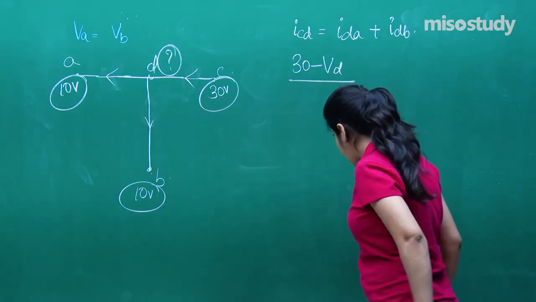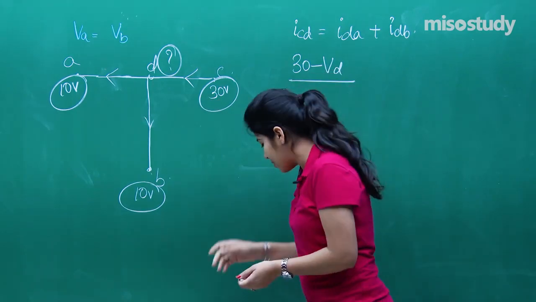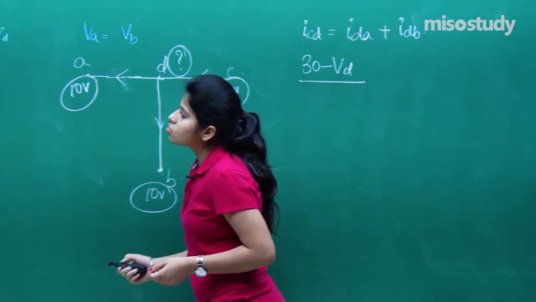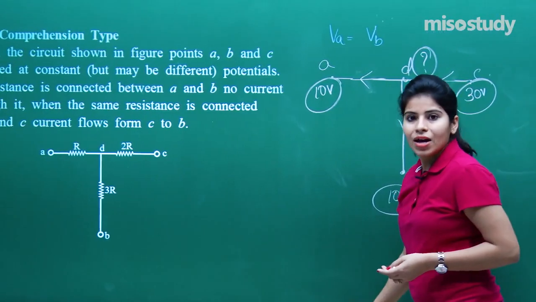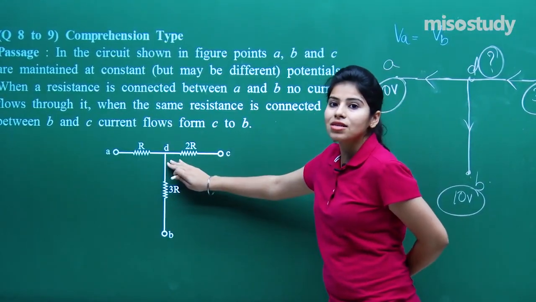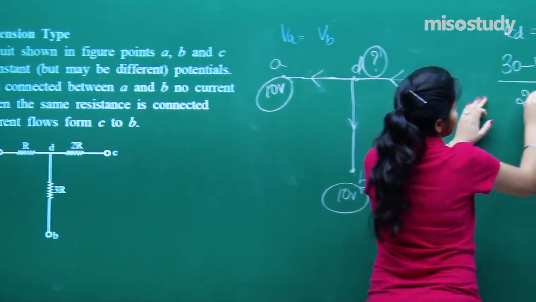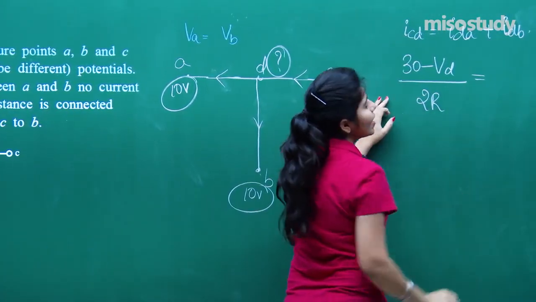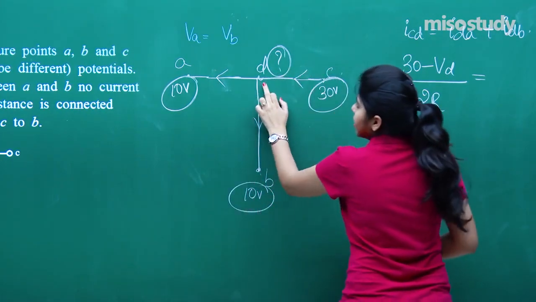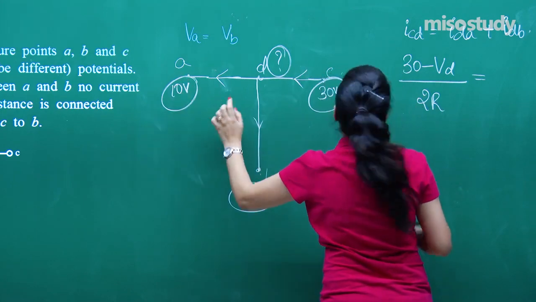Here R was, again I have to go back to the figure that I have deleted. I have made a mistake. Let me just go back to this figure. I can see that this figure has the resistance as 2R. So that means 30 minus VD by 2R equals IDA, DA, that means VD minus VA.